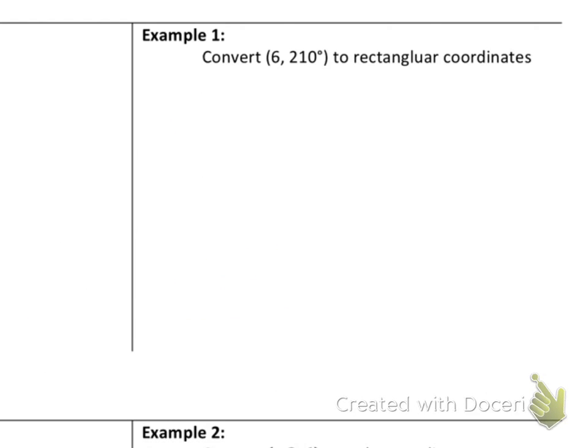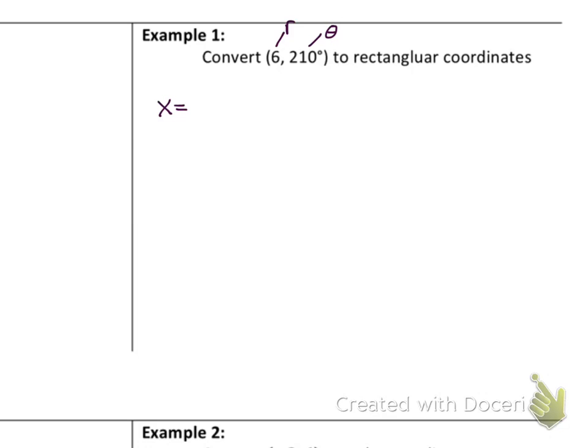Whew, brand new problem here. Convert 210 degrees to rectangular coordinates. So we're just going to say x equals r. Well, our r value is that 6. Our theta value obviously must be that 210 degrees.